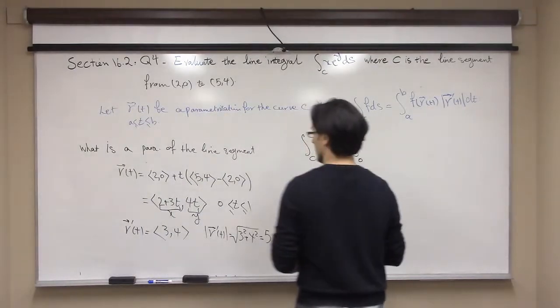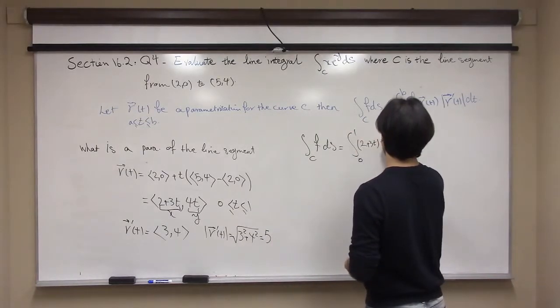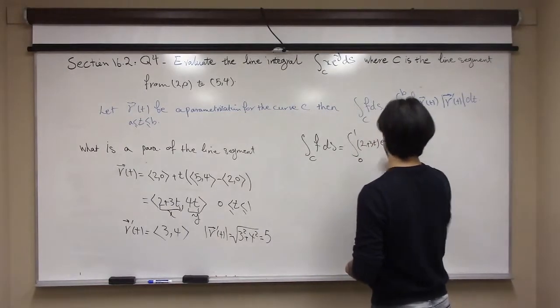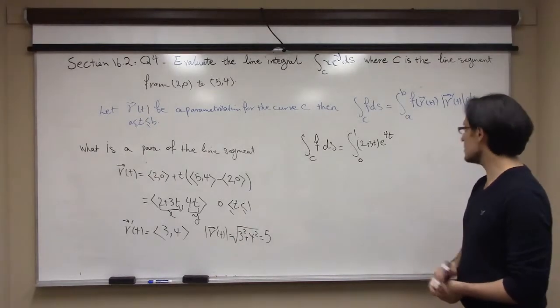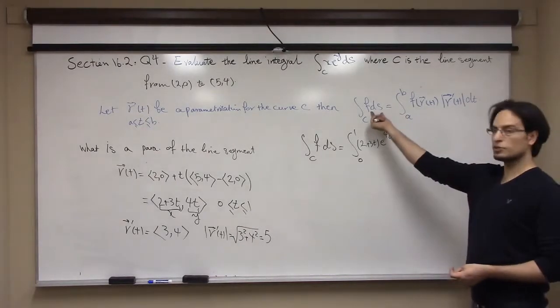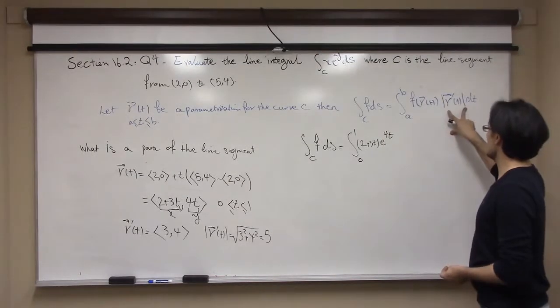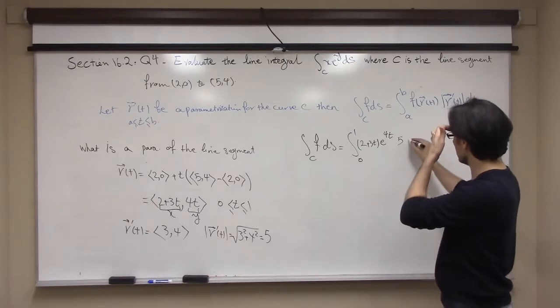So then I will have 2 plus 3t times e to the power 4t. That's the second step. And third step is put the right integral element in your integral, which is the length of r prime. In our case, it is 5 times dt.